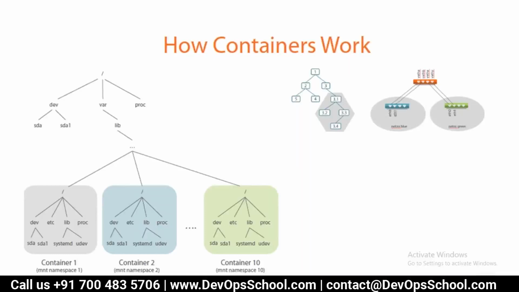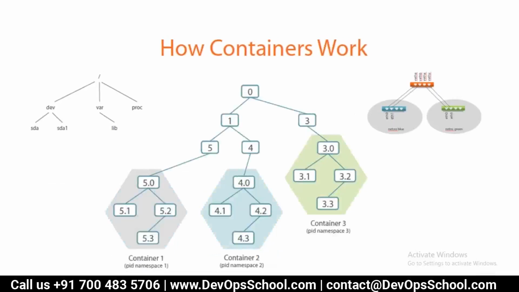It has to be duplicated, a different one. Container 1 will have its own mount system, container 2 will have its own mount system, container 10 will have its own mount system. So how can it be duplicated? We need some technology which can duplicate the kernel's base operating system mounts to multiple ones. How can that be possible?